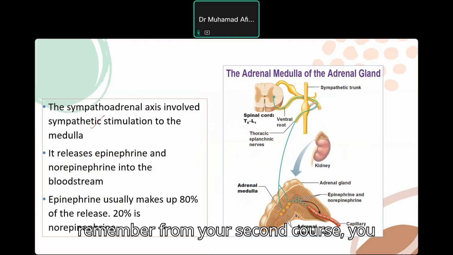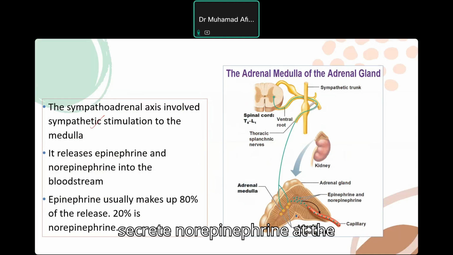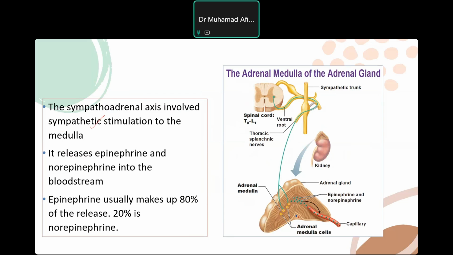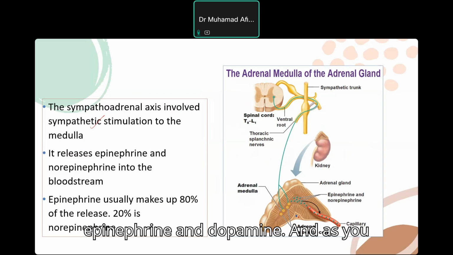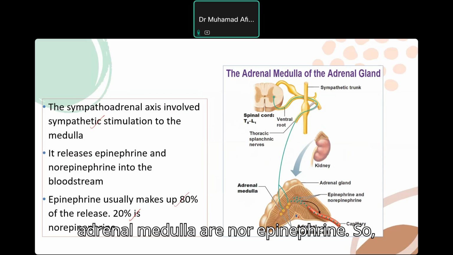If you remember from your second course, the sympathetic nervous system secretes norepinephrine at the postganglionic neuron. This is the same norepinephrine secreted by the adrenal medulla, but the adrenal medulla also secretes epinephrine and dopamine. As you can see here, the majority is epinephrine and 20% from the adrenal medulla is norepinephrine.